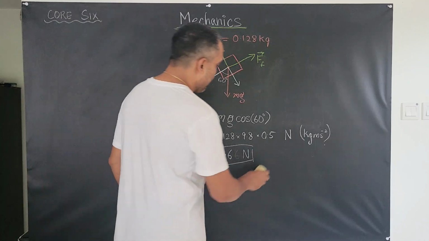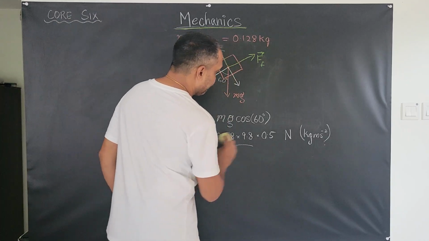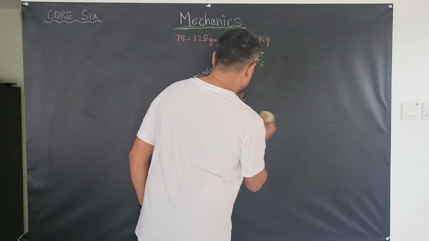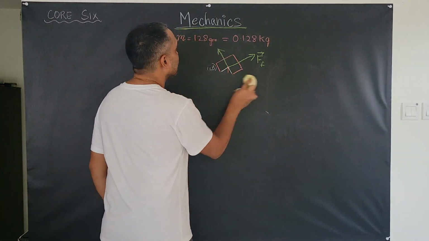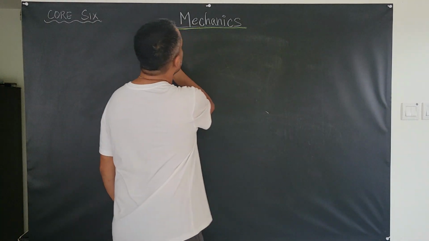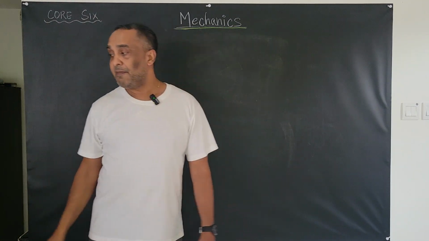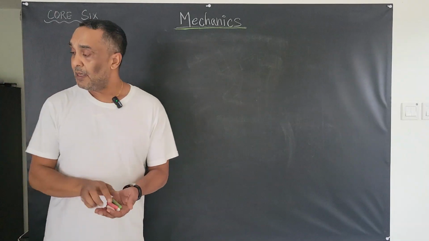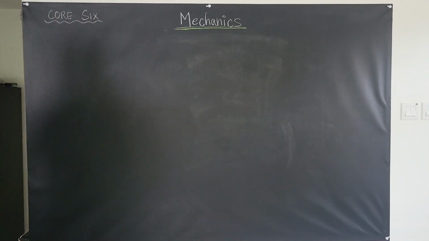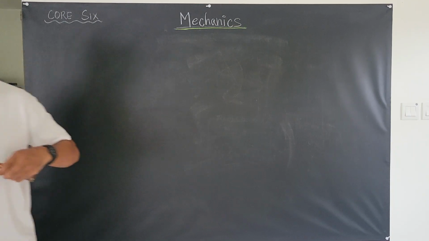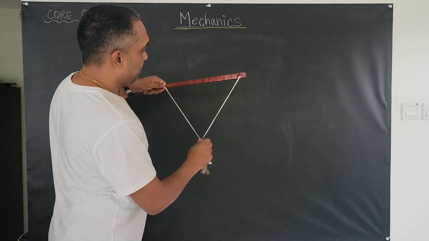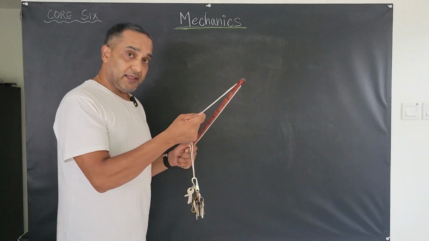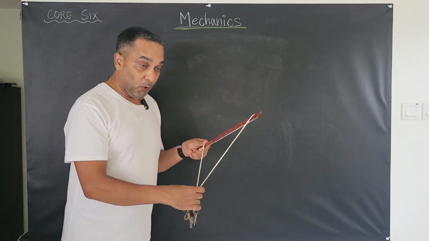This one's a little more interesting. And this time, I'm going to use my bunch of keys. So what I've done here, now this is a string and it's not elastic, meaning it doesn't stretch, it's wool, right?